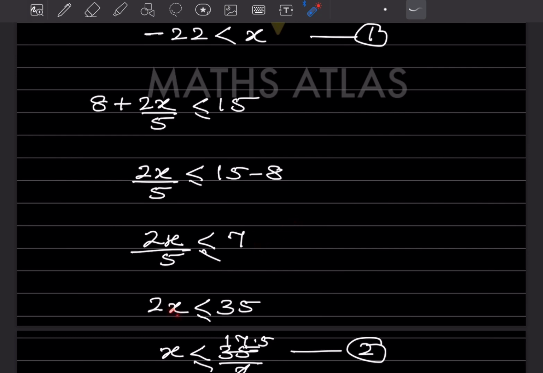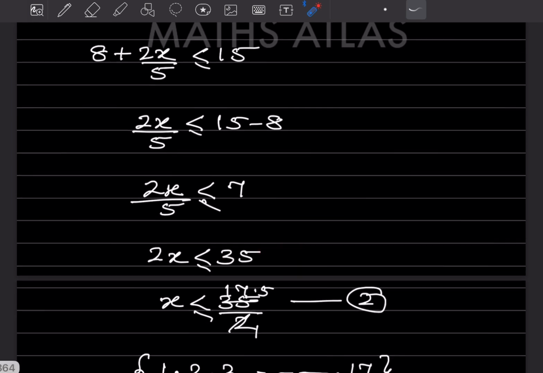So 2x by 5 will be, this goes on the other side. This is division, so it will get multiplied. So that will be 5 into 7, that will be 35. So x is going to be less than or equal to 35 divided by 2, this is multiplication, so it will get divided, which is going to be 17.5. So this will be equation number 2.